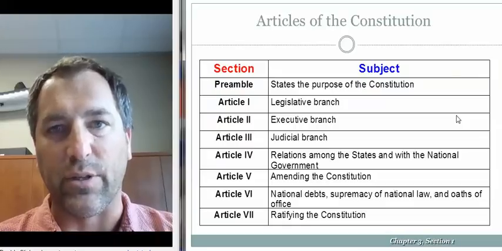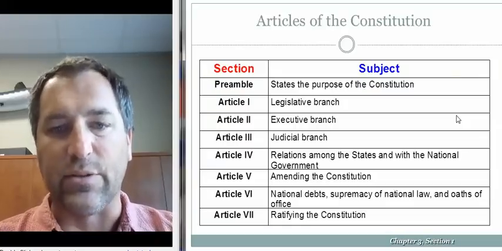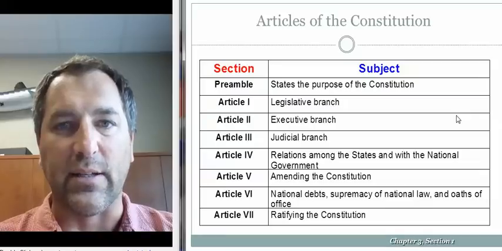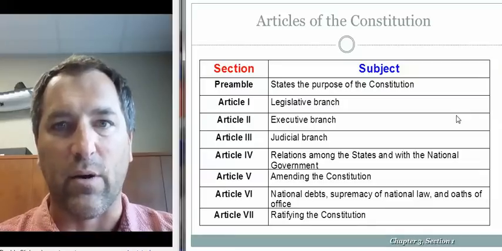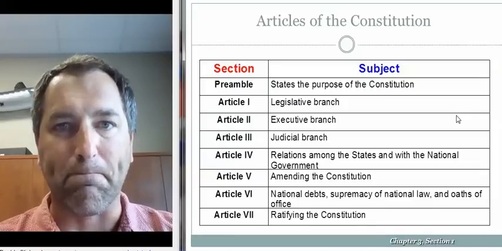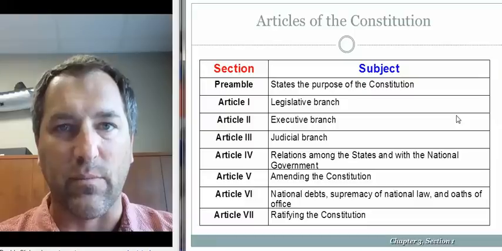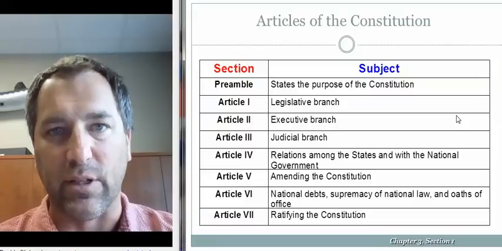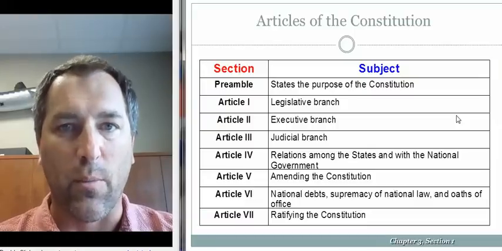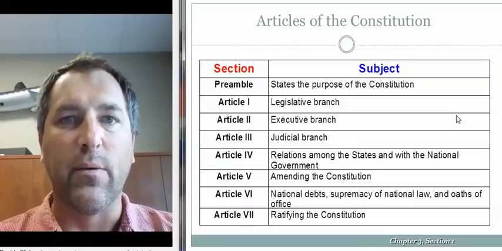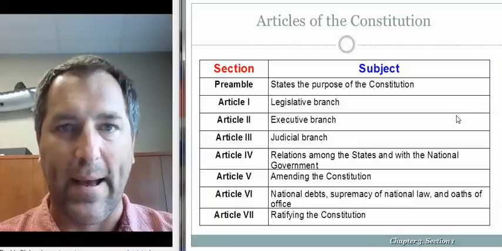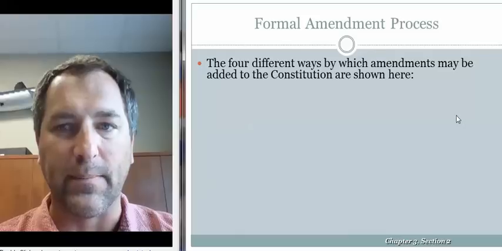Article 3, the judicial. So those are the main ones that cover the 3 branches and how you get to become in Congress, or how you get to be elected president or appointed to the Supreme Court, what qualifications, and then what powers as well, and how they work together.